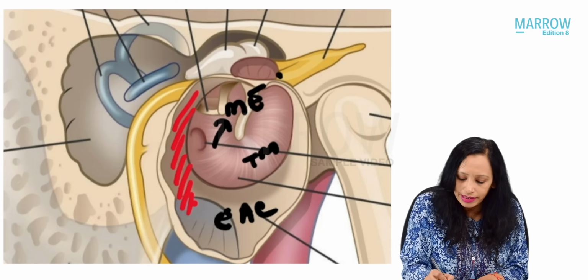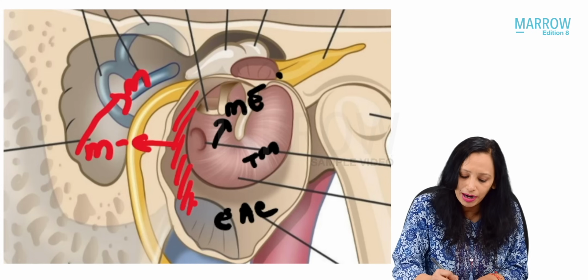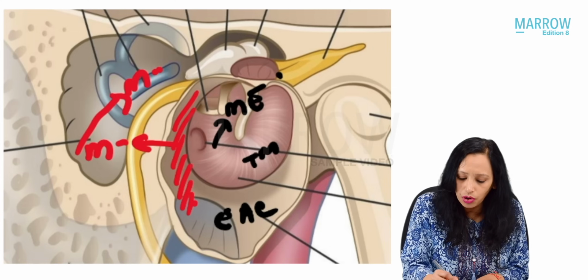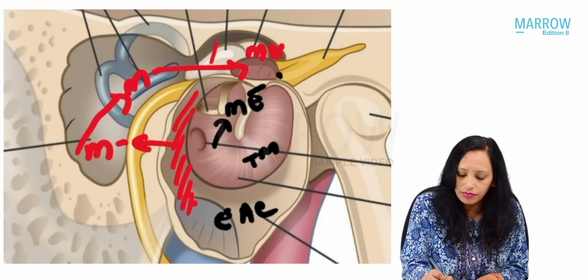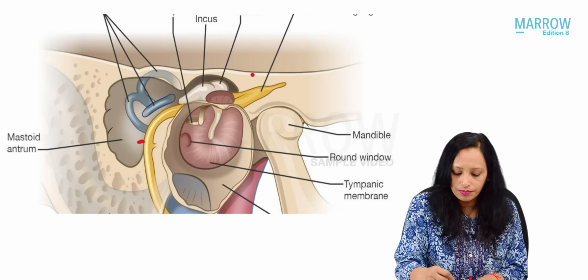And behind the external auditory canal posterior wall, this is the mastoid. Now when we go further medially, we go into the deep part of the mastoid, and here the mastoid shares a common wall between the mastoid and the middle ear. Here we have the middle ear, right?